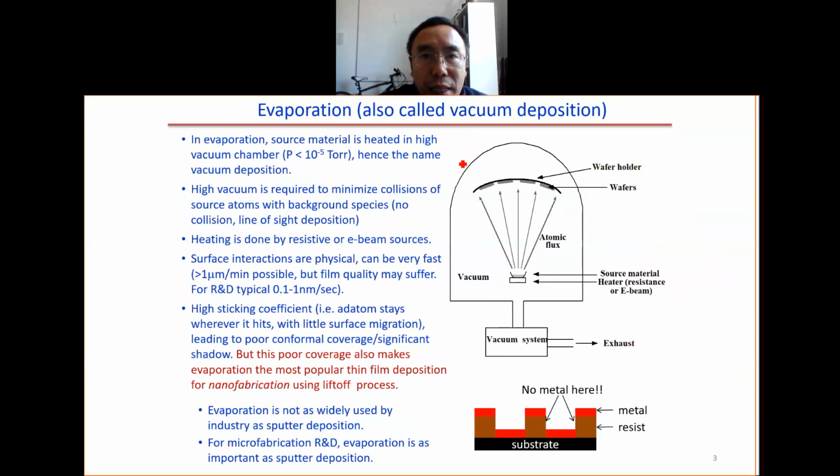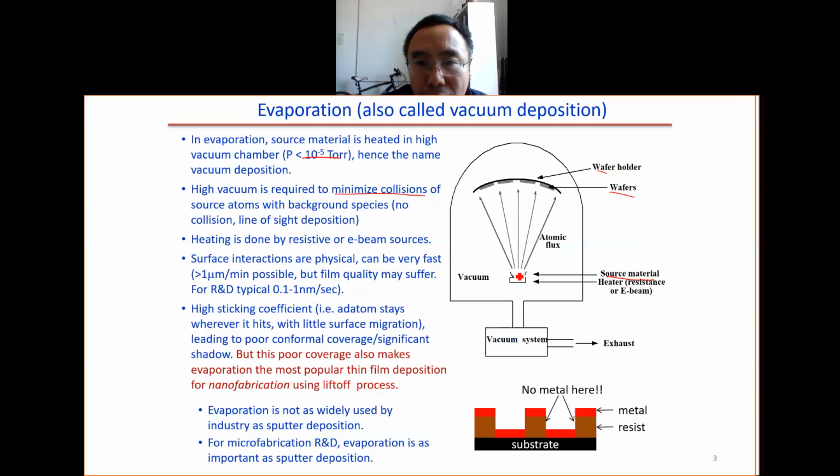So here is the schematic of the evaporation. We have the source, where the source material will heat up and be vaporized to form a film on the wafer. This is done at a high vacuum, normally less than 10 to the minus 5 torr, because we need to minimize collisions.